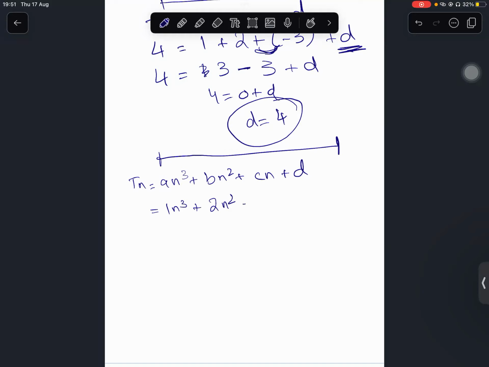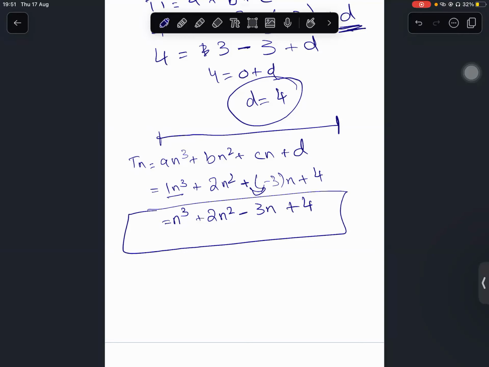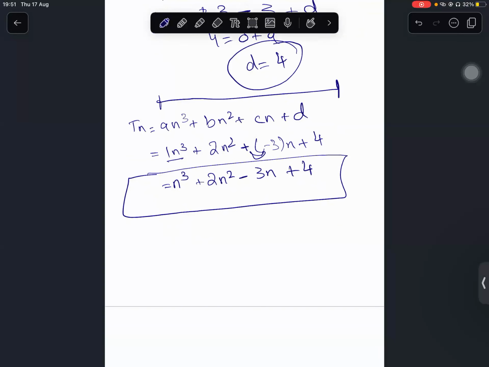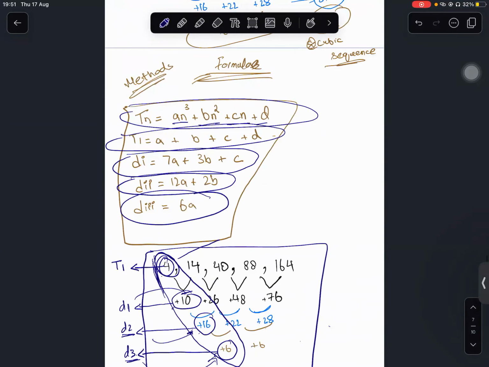C was minus 3, so plus minus 3 times n, and then D was 4. We'll simplify this. 1n cubed can be written as n cubed only, plus 2n squared. This plus and minus becomes minus 3n plus 4. And this is your answer. So you got it, right? Yes. It is a little bit of work because you need to memorize these.